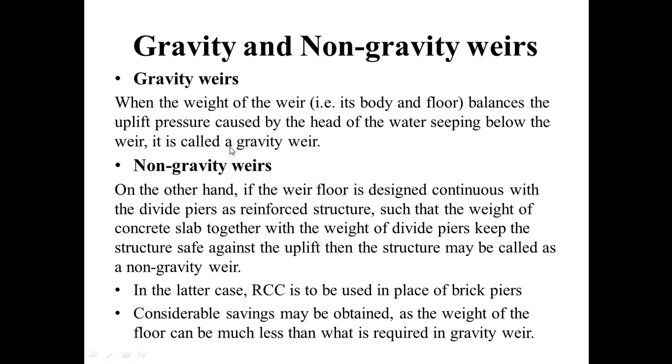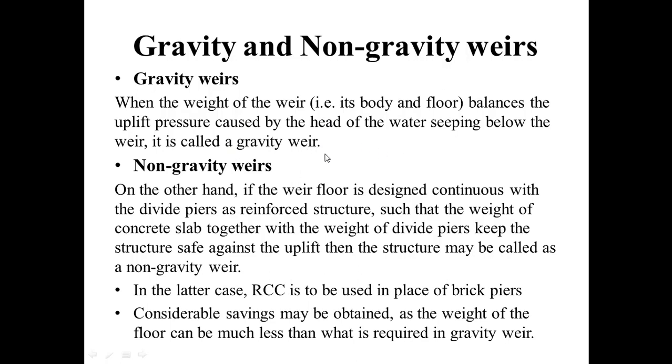Here are some types of weirs. Number 1 is gravity weirs. Gravity weirs are those weirs which balance the uplift pressure caused by the head of water seeping below the weir.